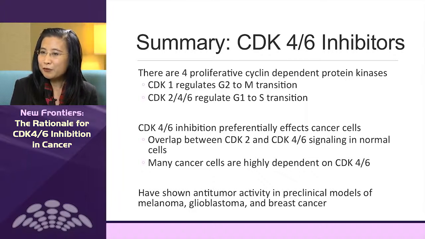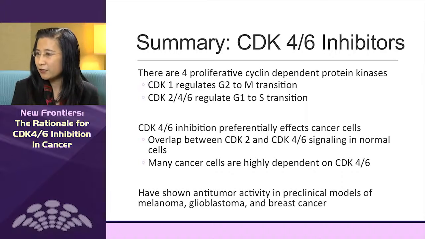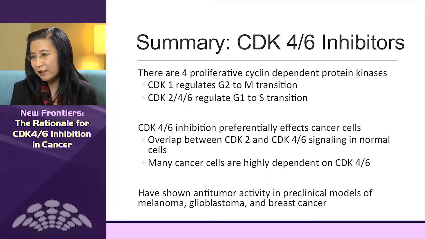What are the most important things clinicians should remember about the pathobiology of CDK4-6? So what we need to remember is that the cell cycle is deregulated in cancer cells, and many cancer cells are actually highly dependent on CDK4-6. And this is due to a mechanism that would activate CDK4-6.